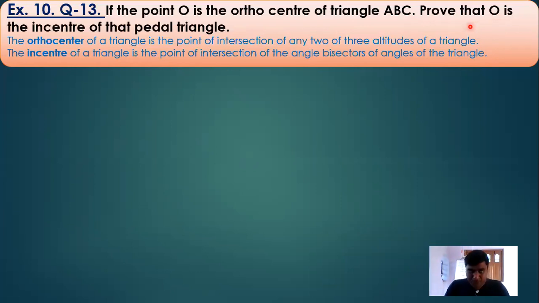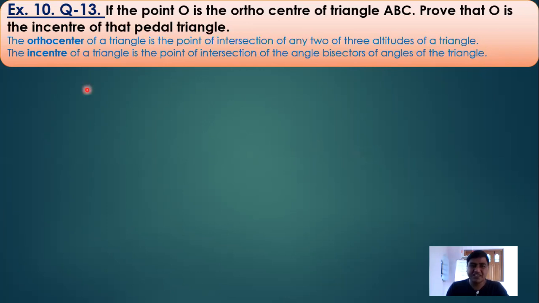First, the pedal triangle. The pedal triangle is the triangle formed by joining the feet of the perpendiculars of the original triangle. If AD, BE and CF are the three altitudes of the triangle ABC and D, E, F are the feet of the perpendiculars, then the triangle DEF is a pedal triangle.